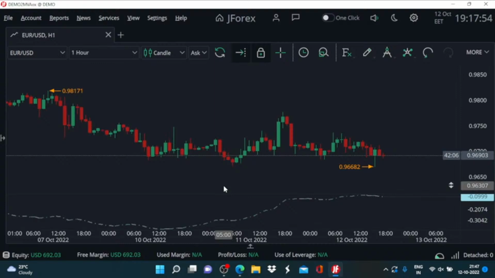So in that way, you can go for various combinations. You can see what works best for you, and depending on that you can go for the trade entries to be defined.